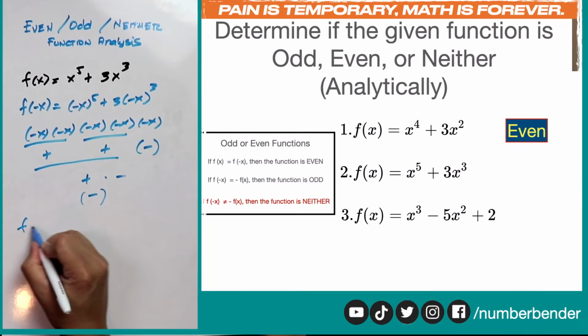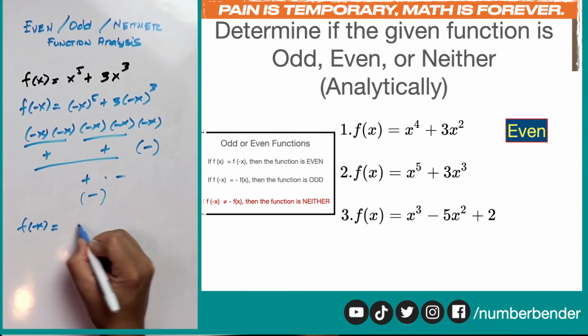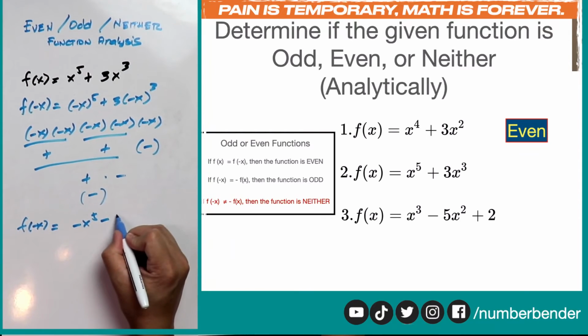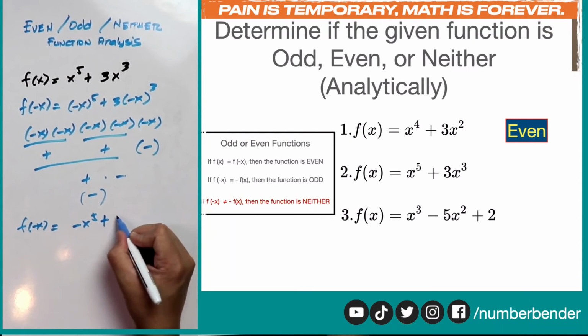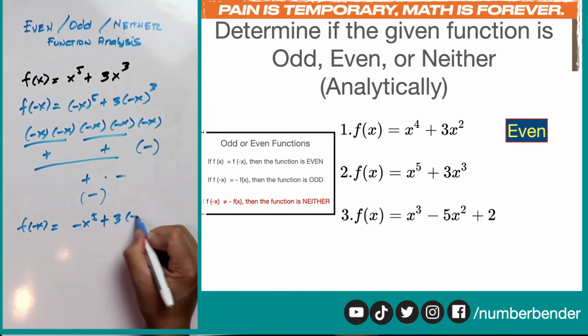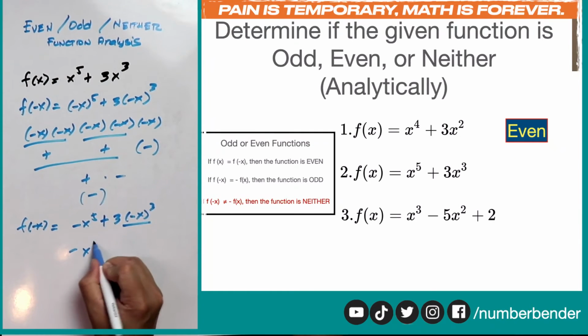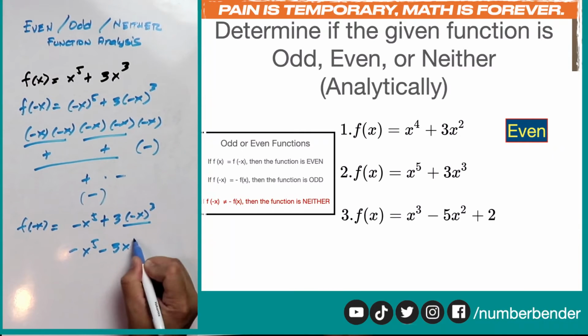So our f of negative x will now become negative x to the fifth plus 3 times negative x cubed. And negative x cubed has an odd exponent, so it will remain negative. So we'll have negative x to the fifth minus 3x cubed.